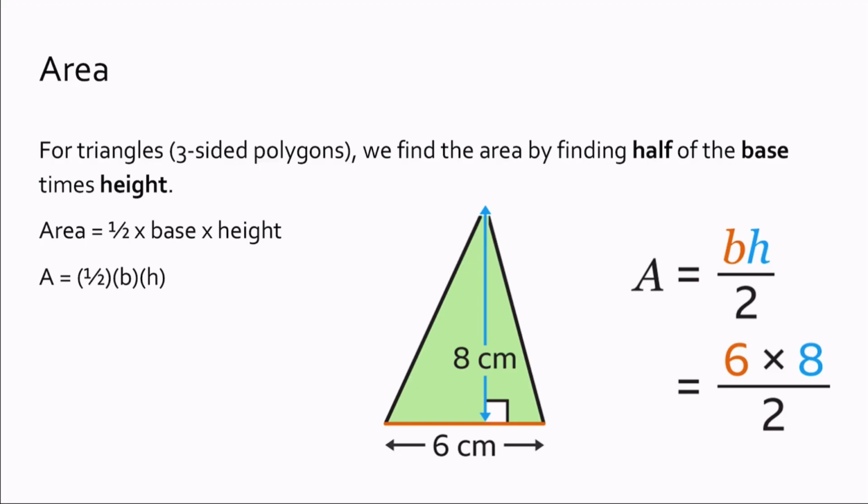And if we find the area of a square or rectangle by multiplying the base times the height, we can find the area of a triangle by multiplying the base times the height divided by 2, or half of that. Here we have 6 times 8, which is 48. Then divided by 2 is 24 square centimeters.